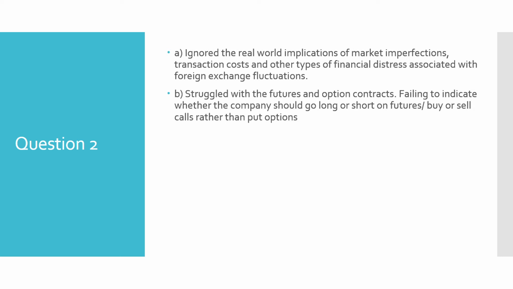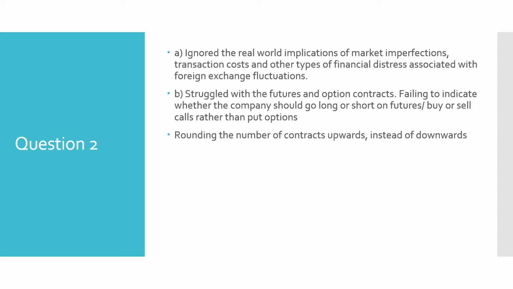Next is the number of contracts. The requirement clearly told you that you are supposed to round down, okay? Rounding the number of contracts downwards. They have clearly told you. But what happened? Candidates rounded it upwards.